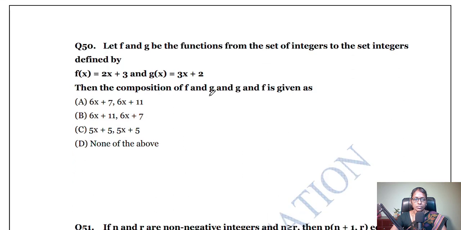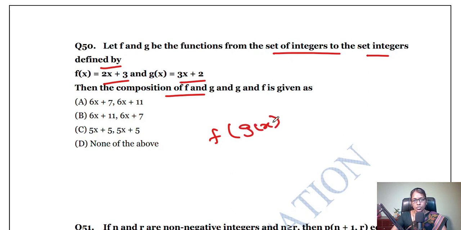The next question is: let f and g be functions from the set of integers to the set of integers defined by f(x) equals 2x plus 3 and g(x) equals 3x plus 2. Then find the compositions of f and g. So f of g(x) they are asking. f(x) is 2x plus 3, right? Here you have to apply g(x), 3x plus 2, in the place of x.